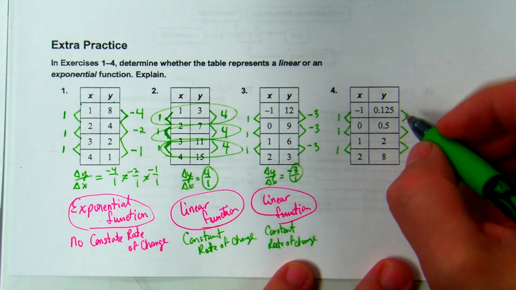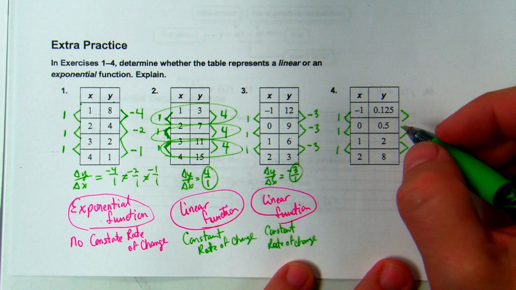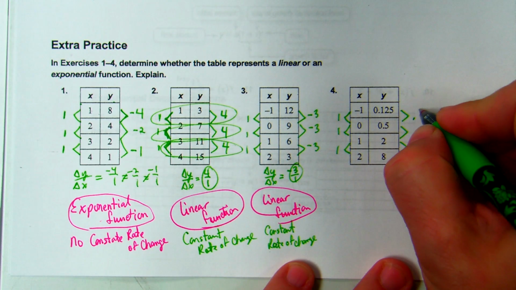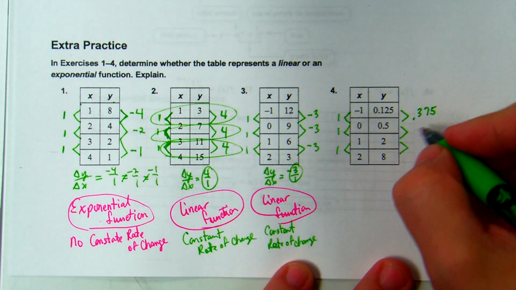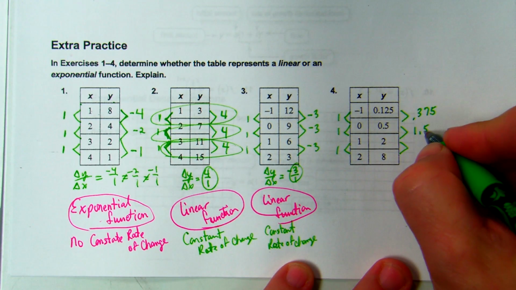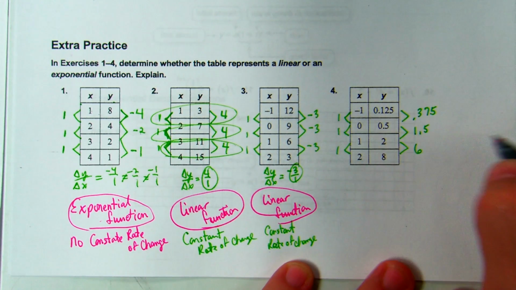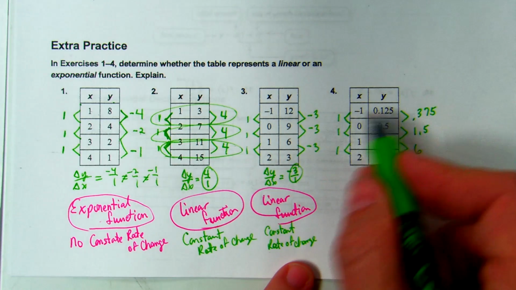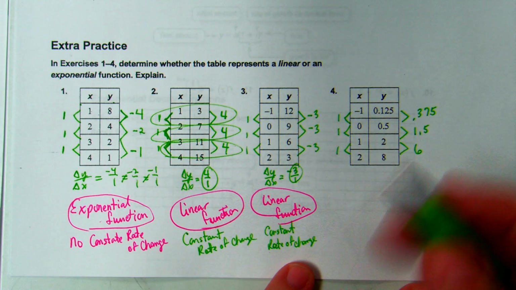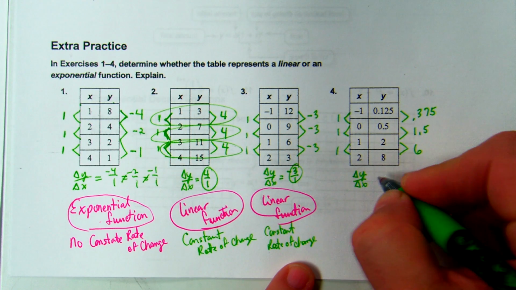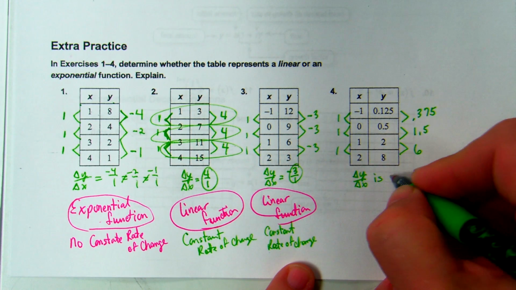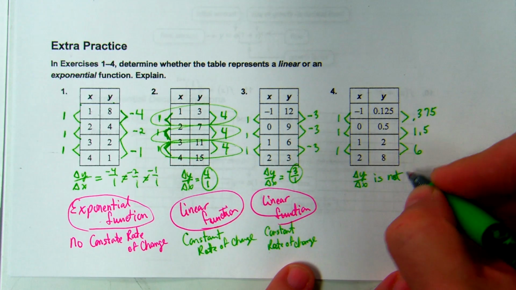The first one changes in a positive direction by 0.375. This one changes by 1.5, and this one changes by 6. Is that constant? No. The change in y over the change in x is not constant.